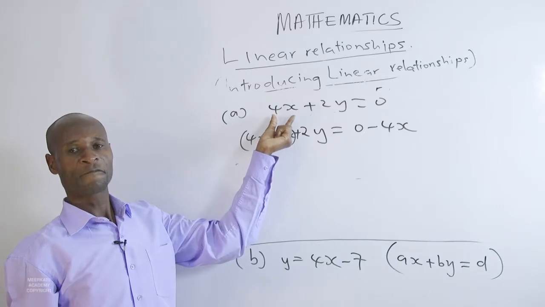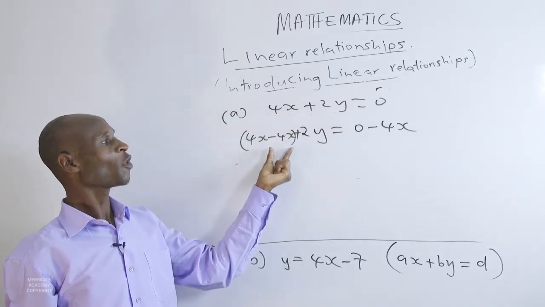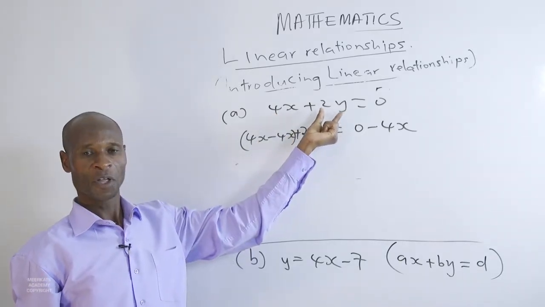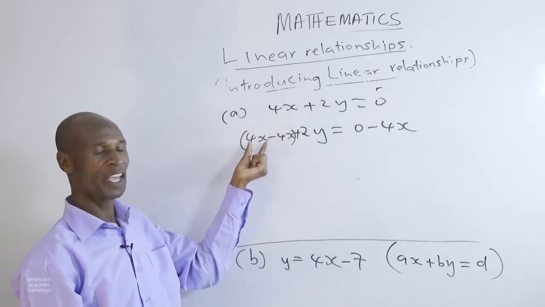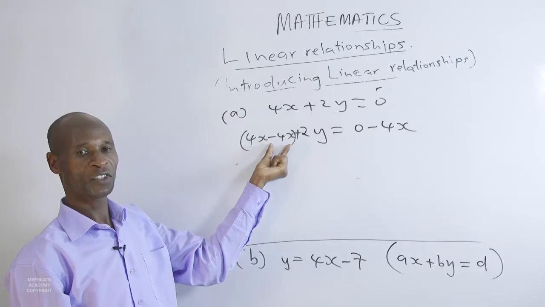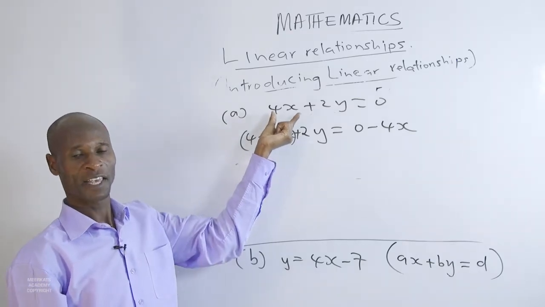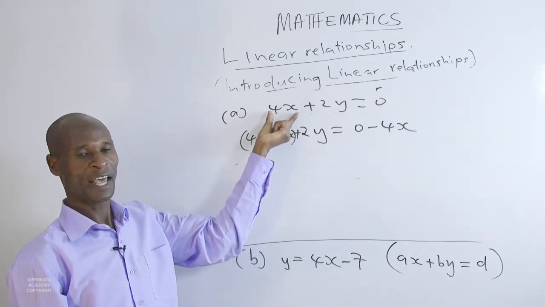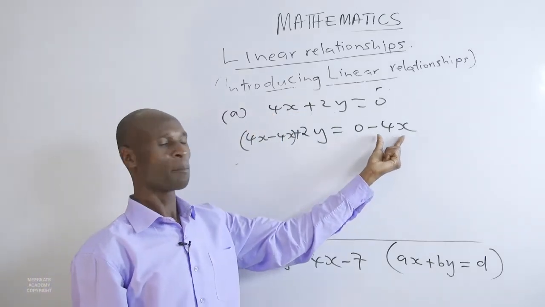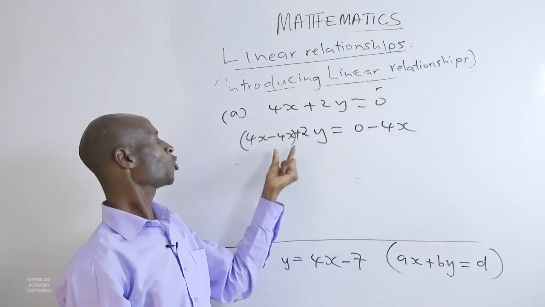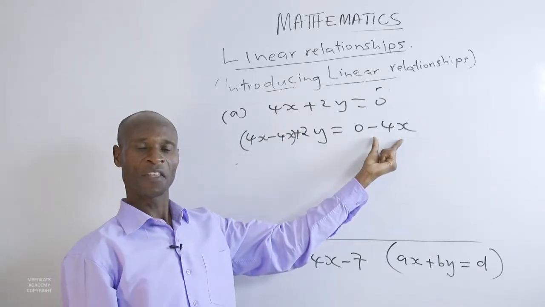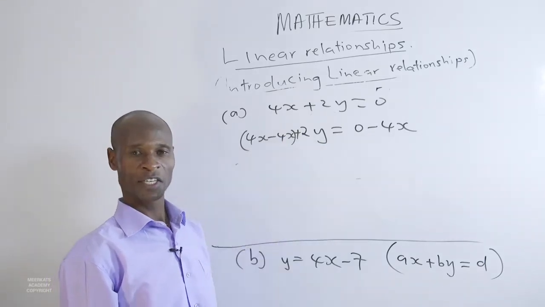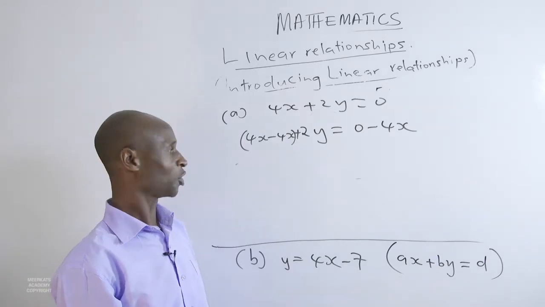You subtract 4x from both sides so that you only leave a term having y on one side. In this case, 4x minus 4x means 4x is eliminated on the left-hand side. And the same applies on the right-hand side. Because we subtracted 4x on the left-hand side, you repeat the same on the right-hand side so that we don't change the sense of the original equation.